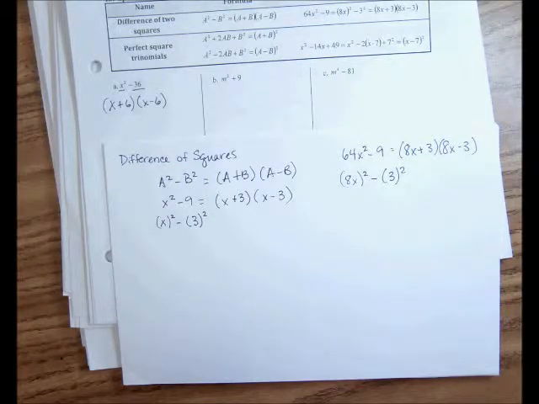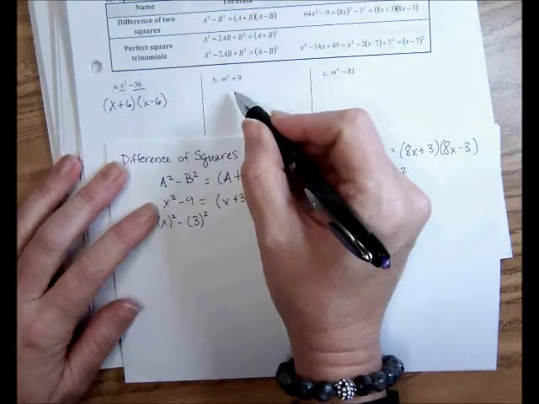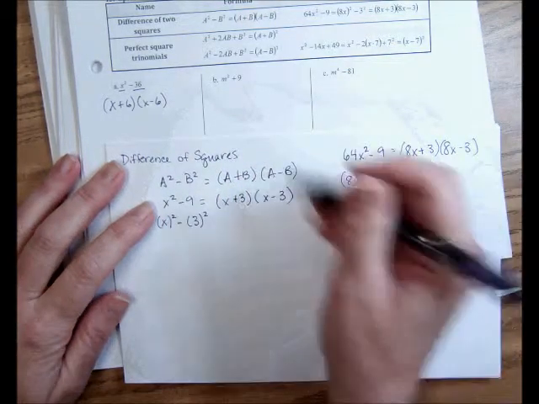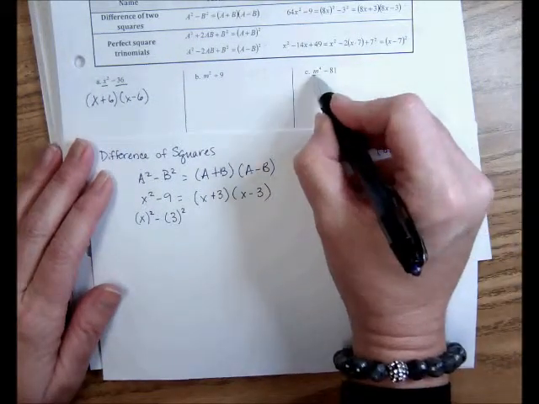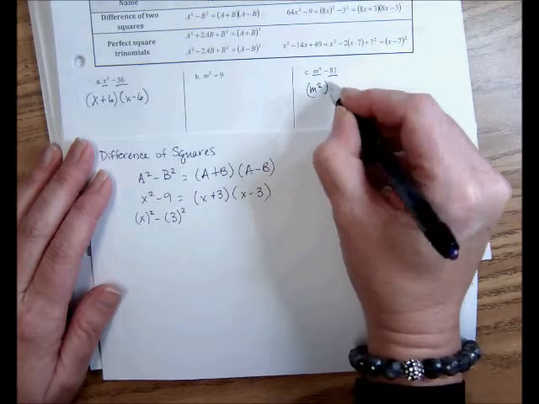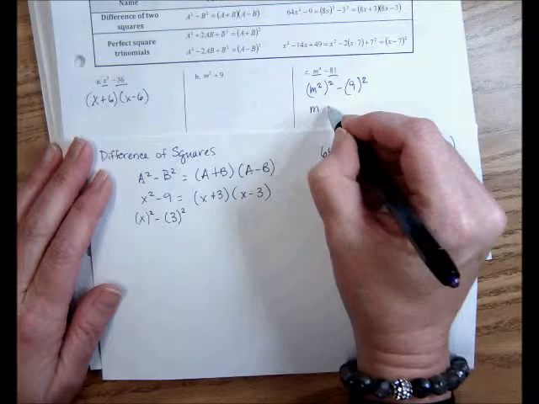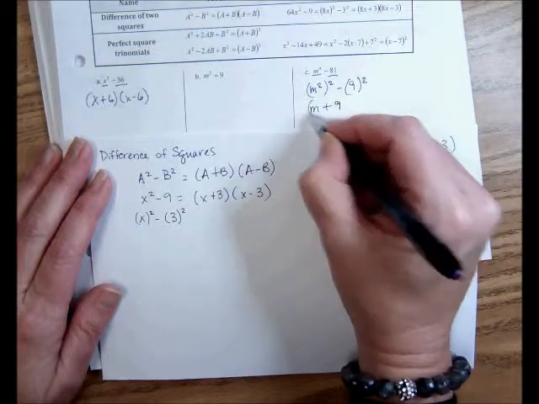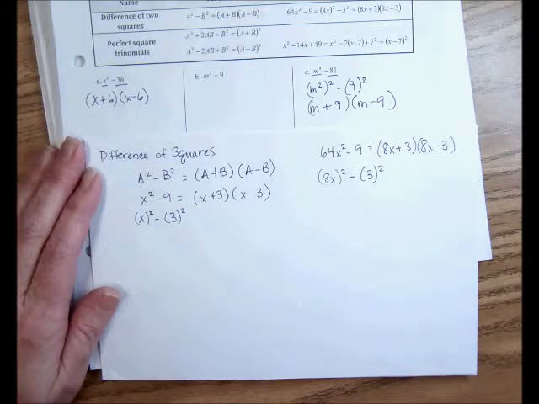You can't factor this any further. It doesn't work. So we're going to move along to C, where you can see this is the difference of perfect squares, m squared minus 9 squared. So this becomes m plus 9 times m minus 9 in its factored form.